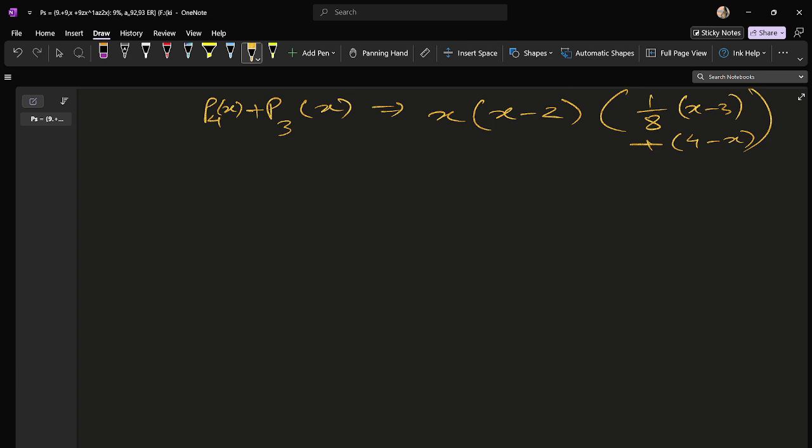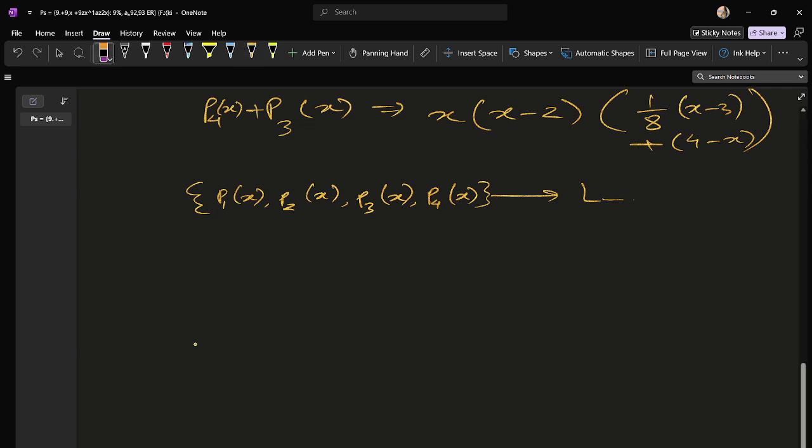I am trying to say that the set p1(x), p2(x), p3(x) and p4(x) is linearly independent.